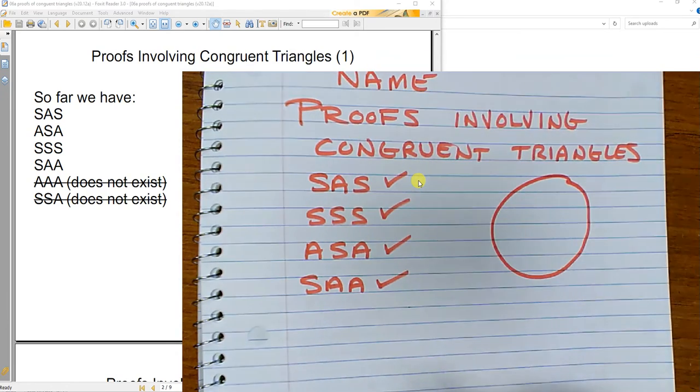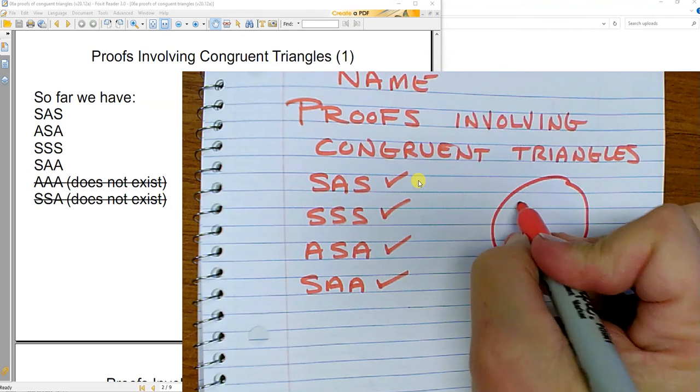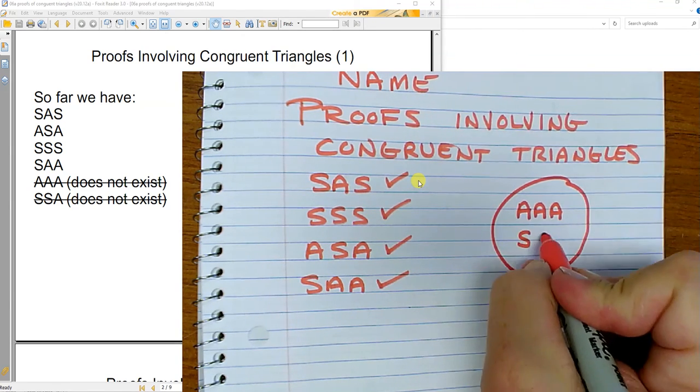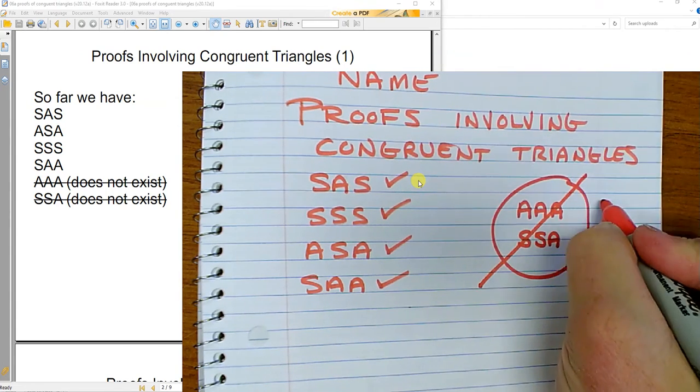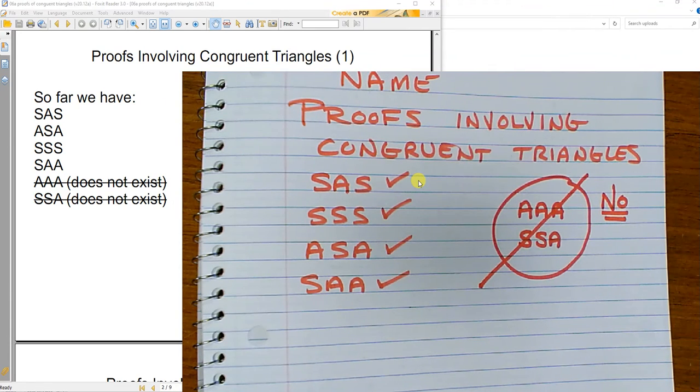Boy, my red and orange look the same. So, angle, angle, angle, and side, side, angle do not exist. And I just showed you why they don't exist.